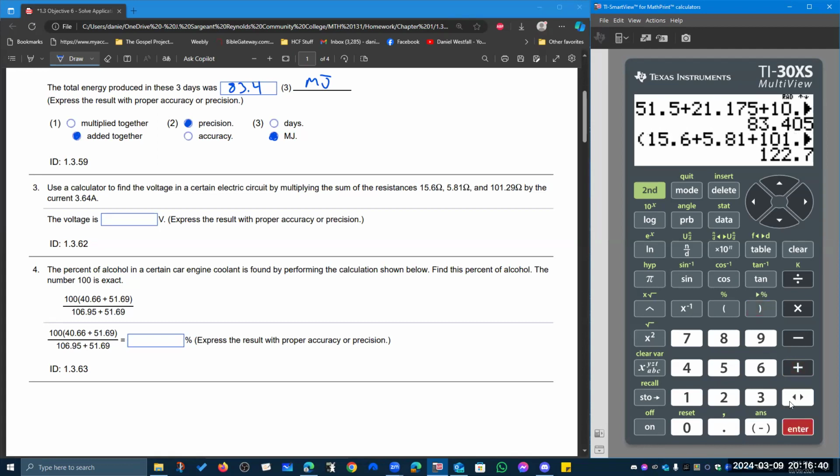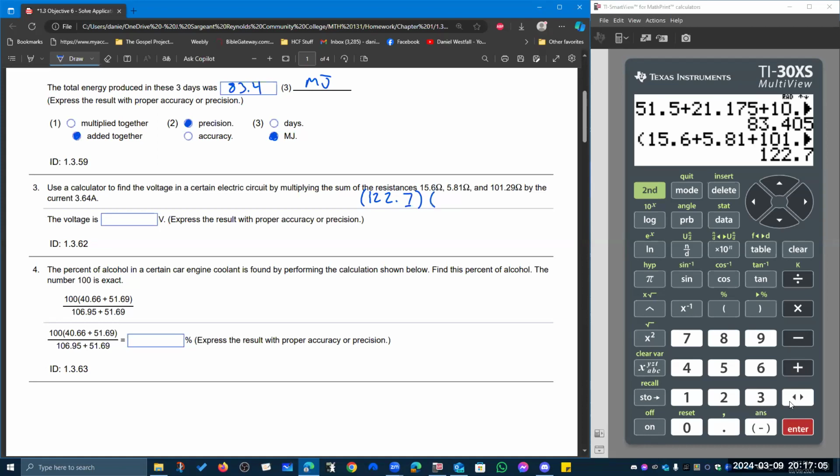And we're going to get 122.7. And that's where we wanted to get it anyways because of the least precise being to the tenths position, but it worked out exactly in our favor to go to the tenths position anyways.